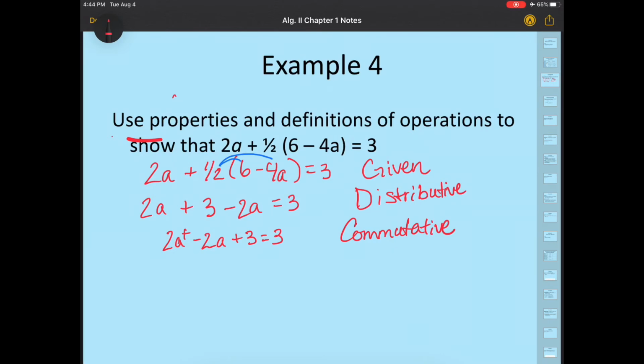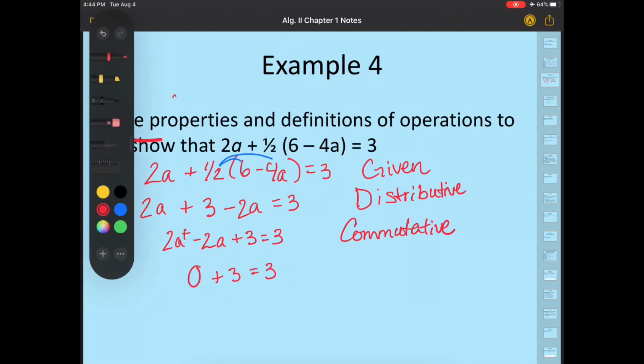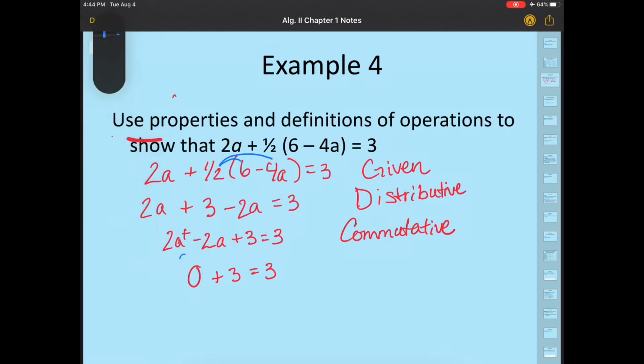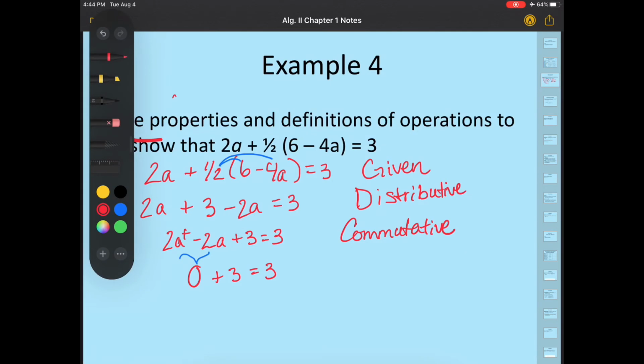So if I go through here, 2a plus negative 2a, or 2 plus negative 2, well, that's just 0. Then I got left over plus 3 equals 3. Well, what we did here, that 2a plus a negative 2a, and we got back 0.